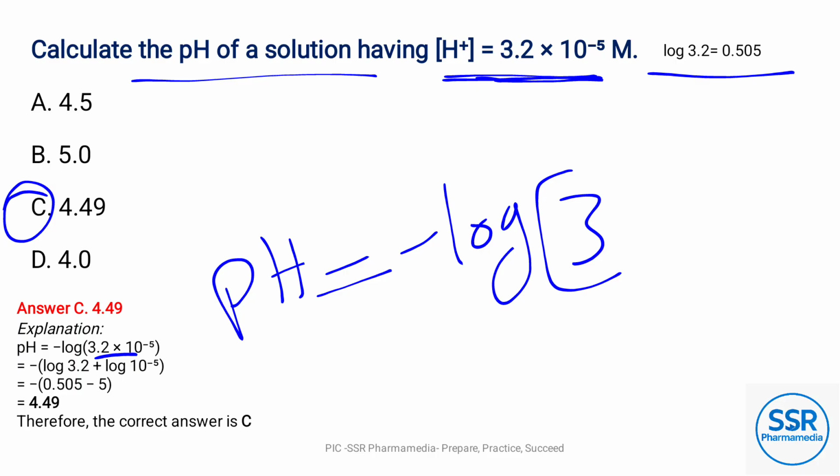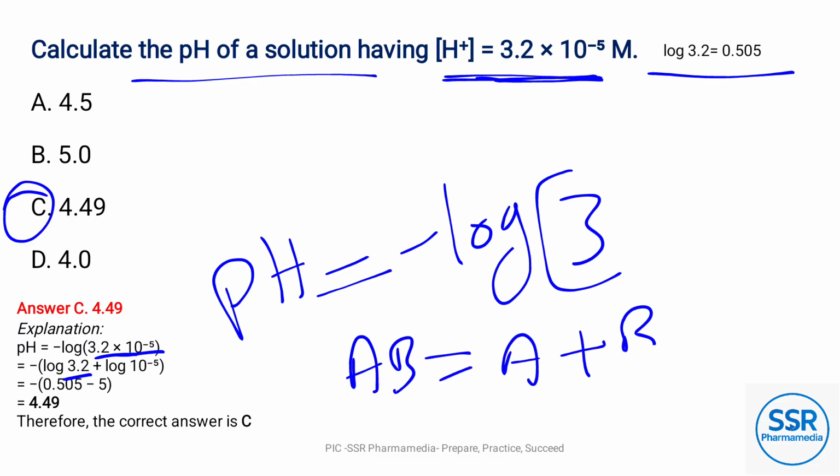So when we substitute, we take the log for both values, 3.2 and 10 to the power of minus 5. In log, A into B is equal to log A plus log B, so we can write minus log 3.2 plus log 10 to the power of minus 5.